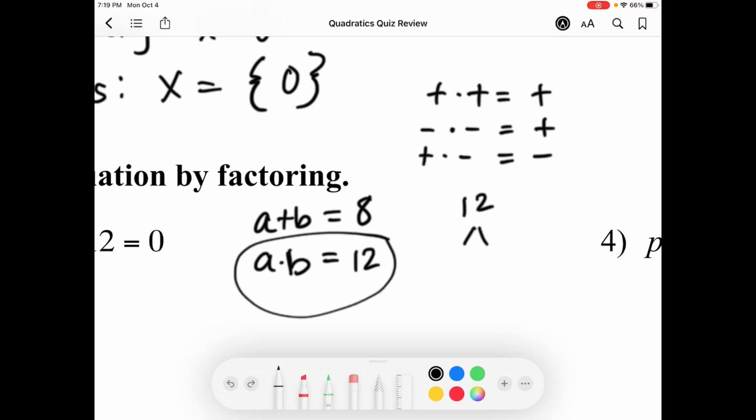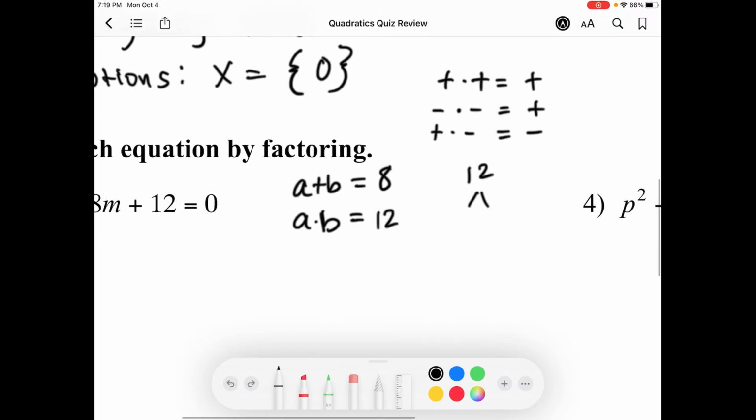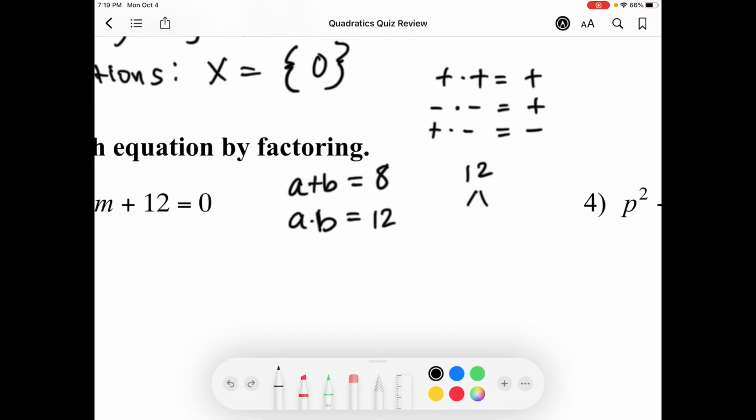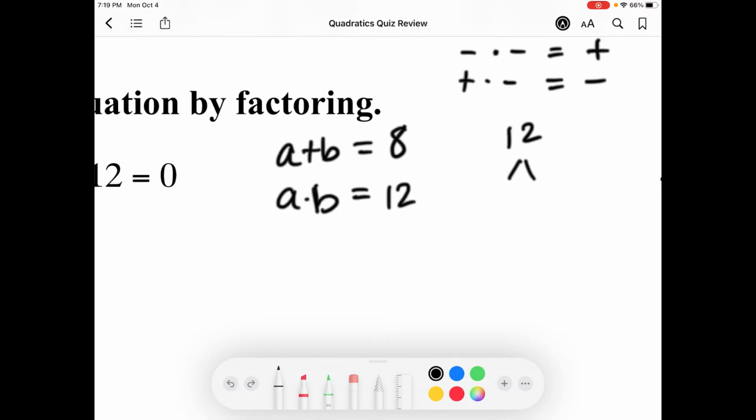Now, if your a times b is a negative number, you're going to have one positive and one negative number for a and b. Okay, so here my product is positive and my sum is positive, so both of the numbers that I choose for a and b have to be positive.